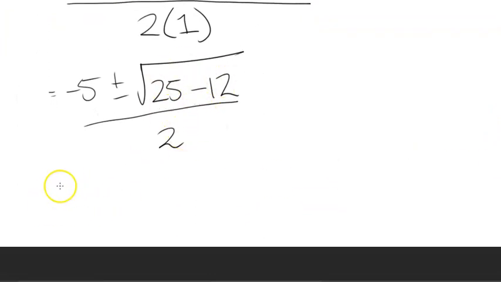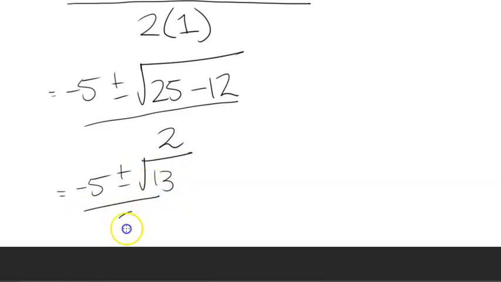I can work out the 25 minus 12, so this is minus 5 plus or minus the square root of 13, all over 2. Now 13 is a prime number, so it can't be factorized down any further. So this right here is our final solution. It isn't the neatest solution, mathematically speaking, but it is a solution nonetheless.